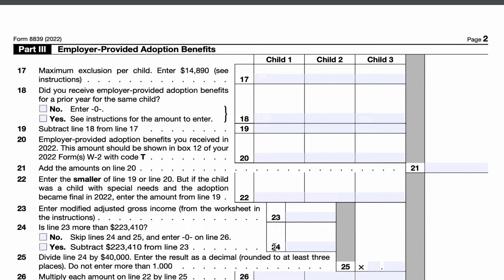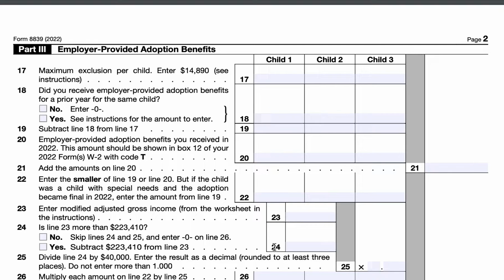You can divide it in any way that you agree upon, but you must enter your share in line 17 if you're not eligible for the complete $14,890.